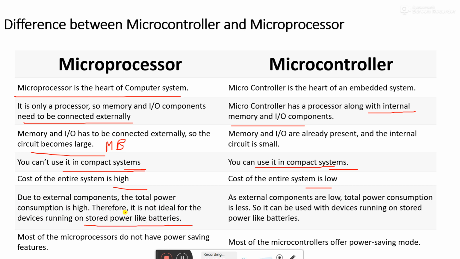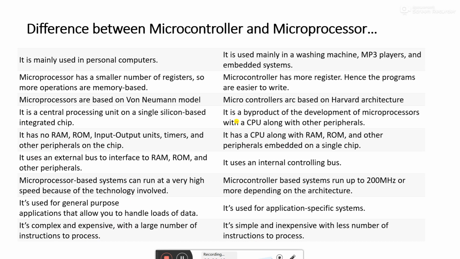That is why we cannot use it for battery-powered devices, while small handheld devices can use a microcontroller. Most microprocessors do not have power saving features, while microcontrollers do. A microprocessor is mainly used in a personal computer, and a microcontroller is mainly used in a washing machine or MP3 player, so embedded types of systems.